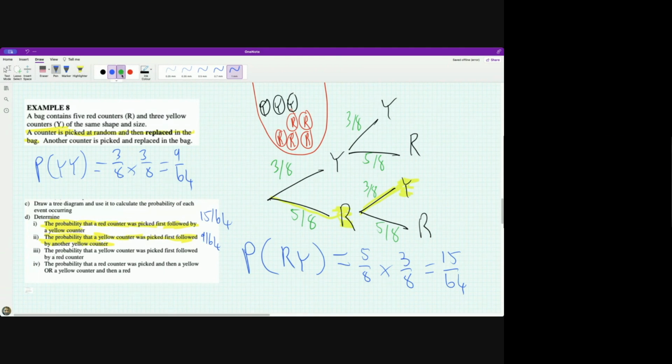So the probability that a yellow counter was picked first, followed by a red.